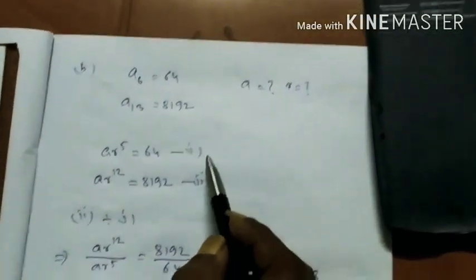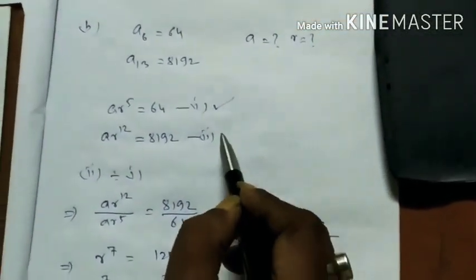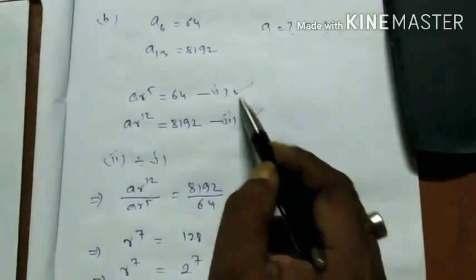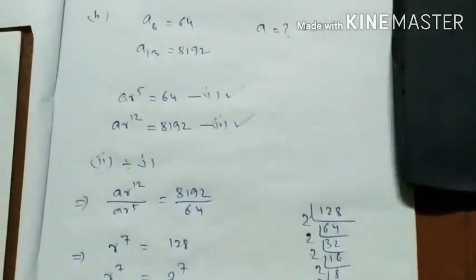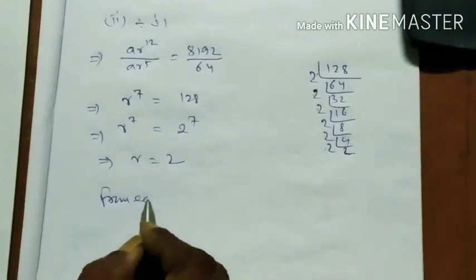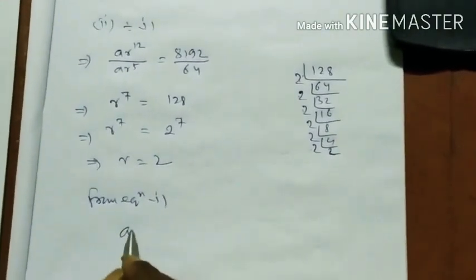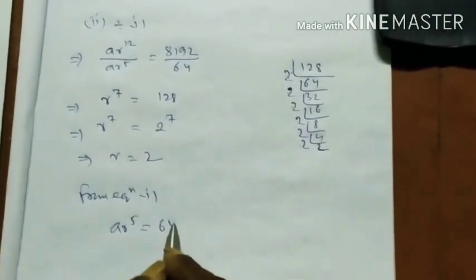Now I have to find a. So either in equation 1 or in equation 2, it is up to you. You can select any one of these equations and put the value of r, you will get a. I am going to take equation 1. So from equation 1, ar to the power of 5 is equal to 64.